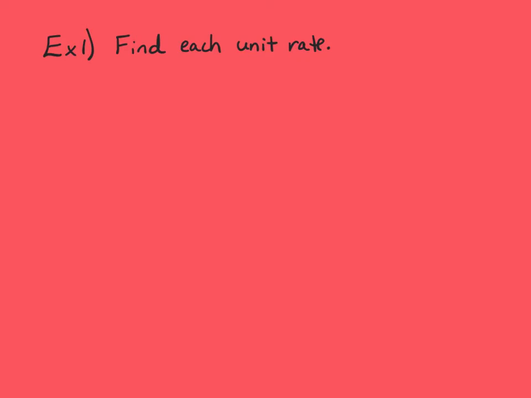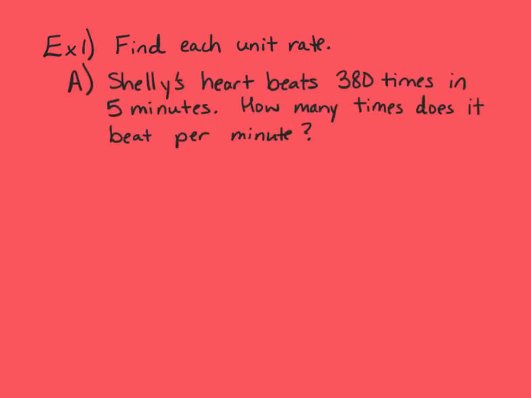Example 1. Find each unit rate. A part. Shelley's heart beats 380 times in 5 minutes. How many times does it beat per minute? Let's first look at what the units are that are being compared.